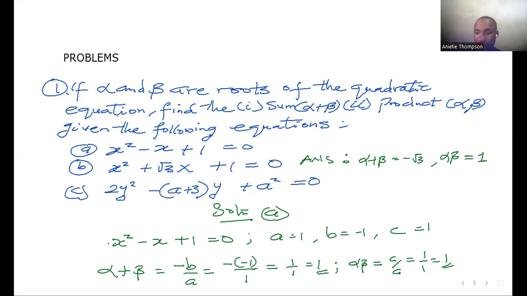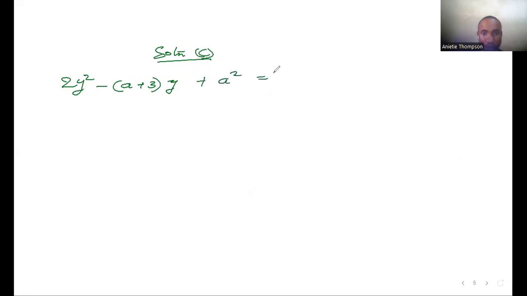So for the C solution, the question is 2y squared minus (a plus 3) y, then plus a squared equals 0.